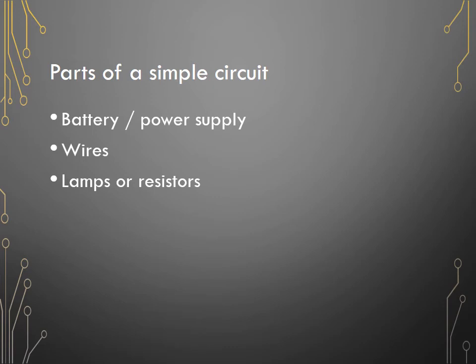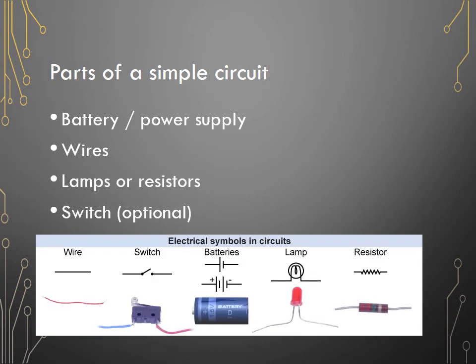So you may not actually have a circuit that creates light if you had entirely resistors. That's okay. And you can have a switch, although it's not required. Here is what these different elements would look like in a circuit diagram, which you saw briefly in class today. So you can also draw a light as just a resistor with a circle around it.